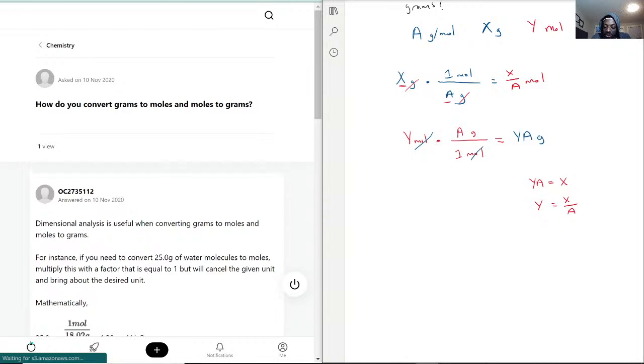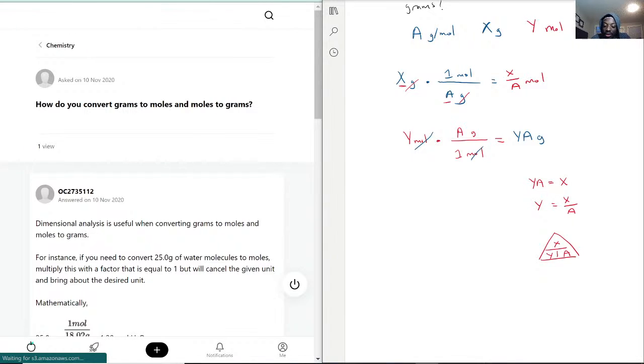You just move the a to the other side and divide both sides by a. The relationship is, if you drew a triangle, not sure if you remember, the grams would be at the top, x, the moles would be on the side, y, and a would be the molar mass.